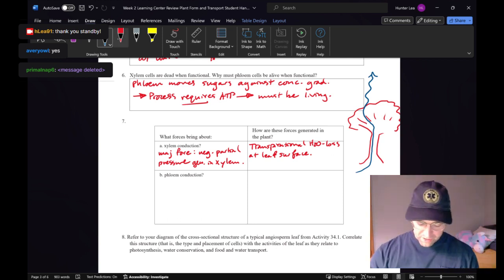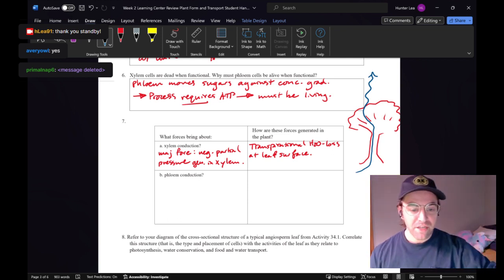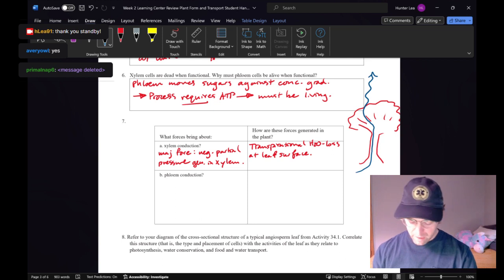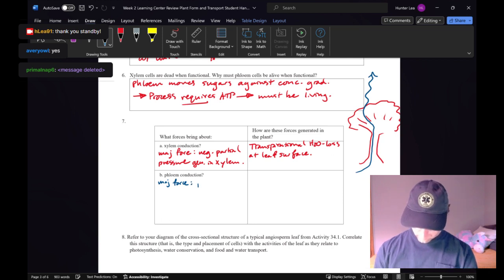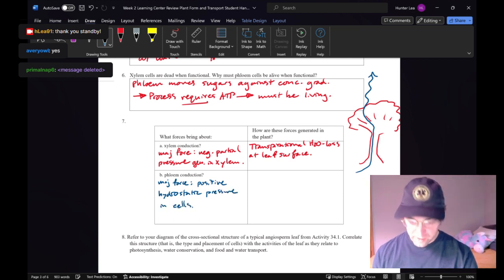What about phloem conduction? We'll keep this in blue just to keep it. The major force here is positive hydrostatic pressure in cells.